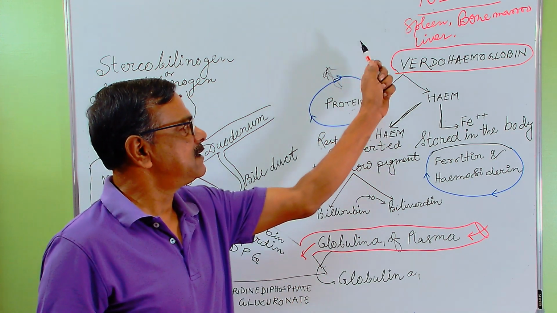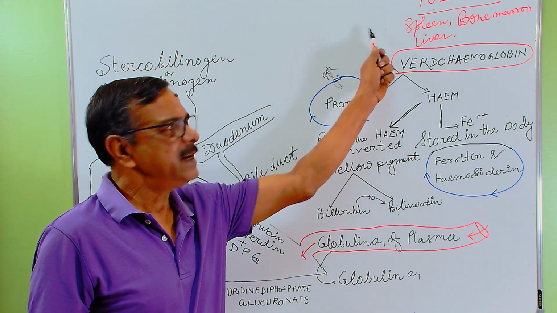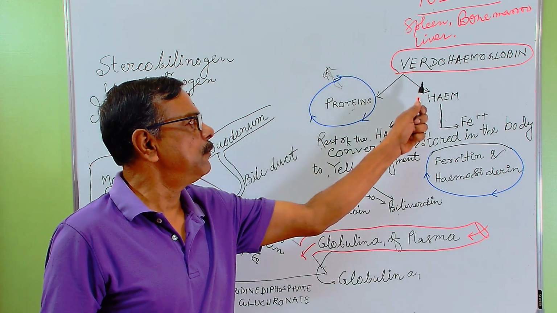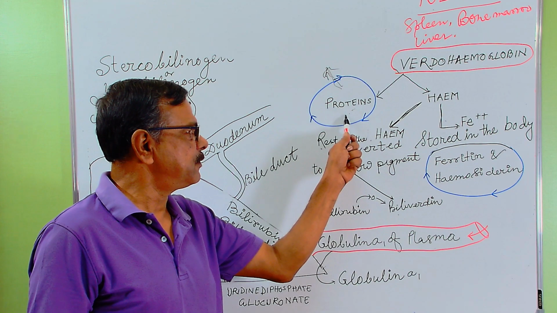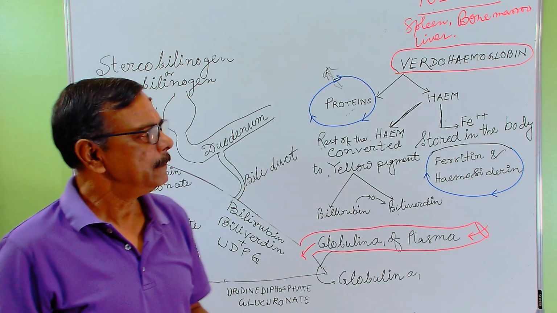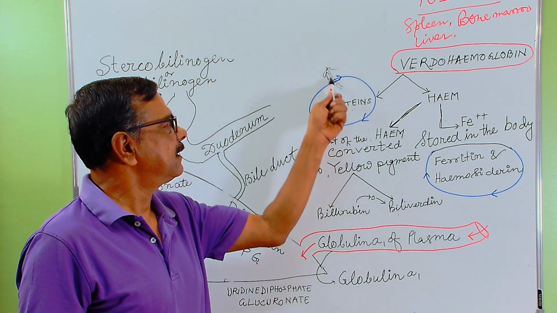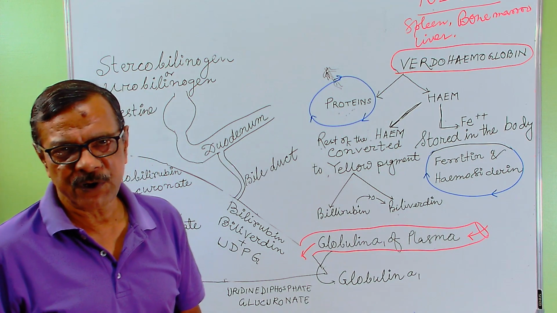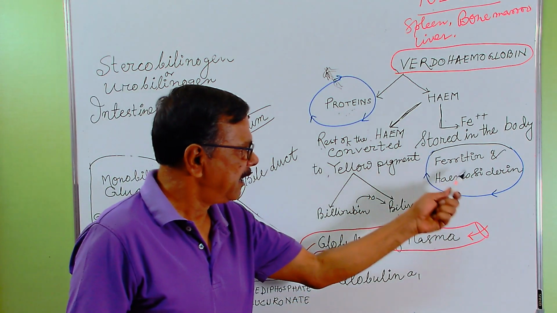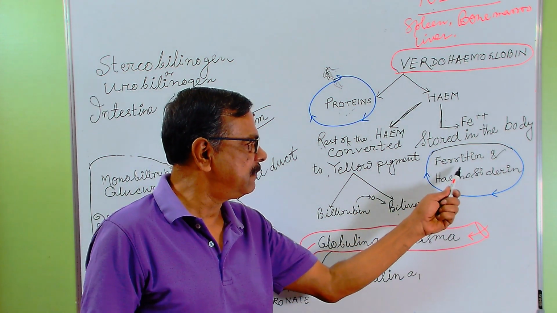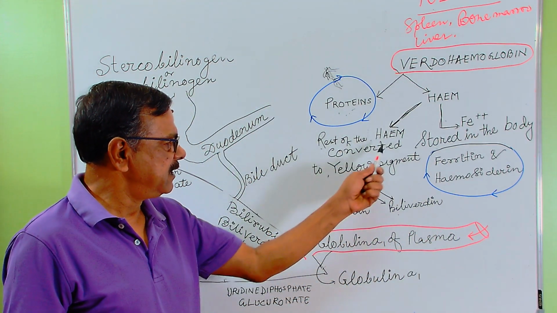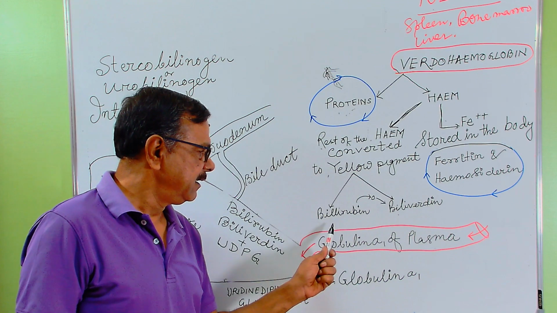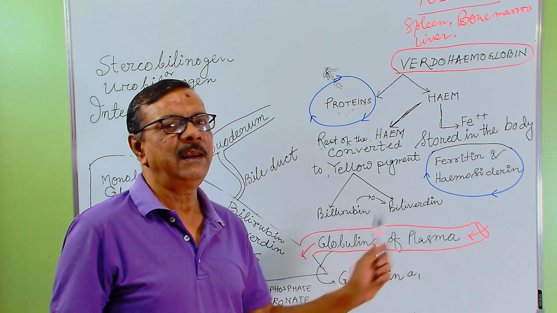That is, from RBC, poikilocytes are broken down to viral hemoglobin. Viral hemoglobin disintegrates into protein and heme. The protein side is taken care of for new protein and amino acid synthesis, and Fe is stored in the body in the form of ferritin and hemosiderin. And the rest of the heme is converted to yellow pigments, bilirubin and biliverdin.